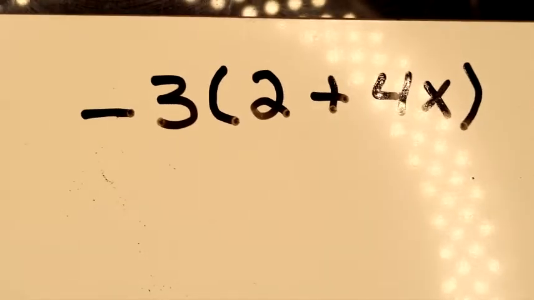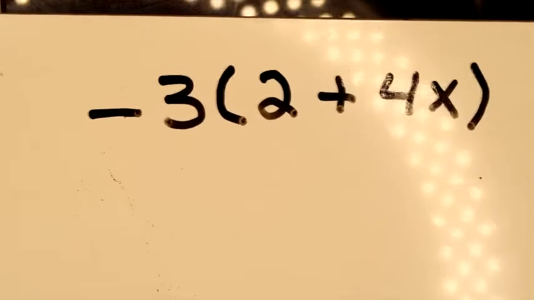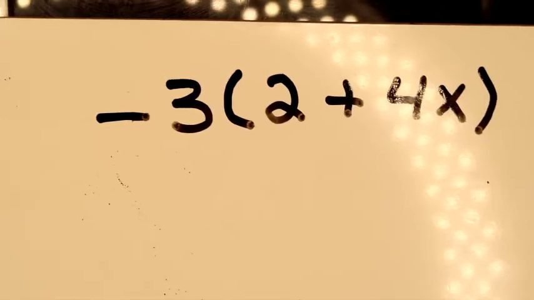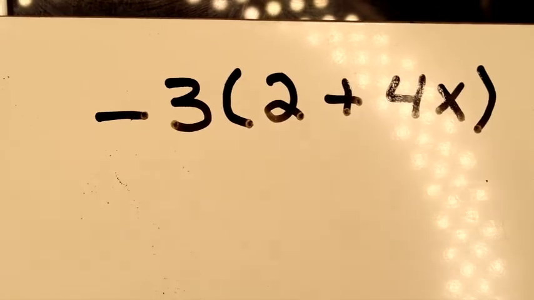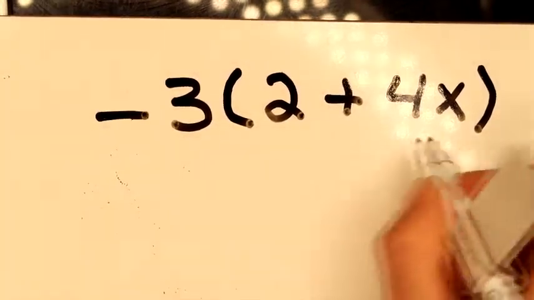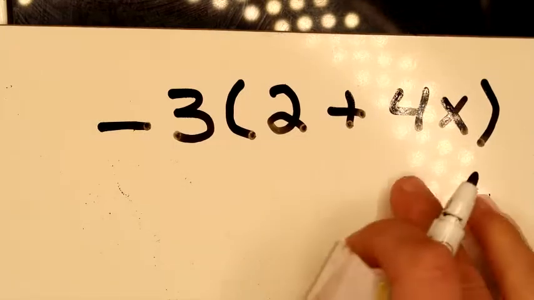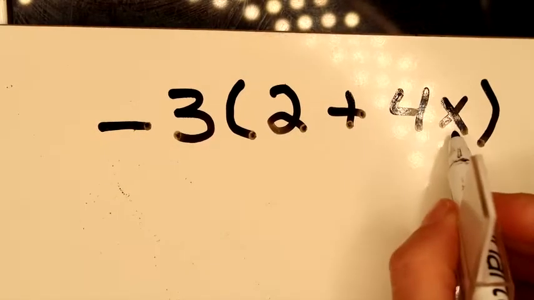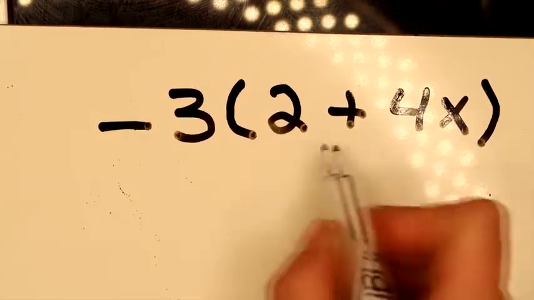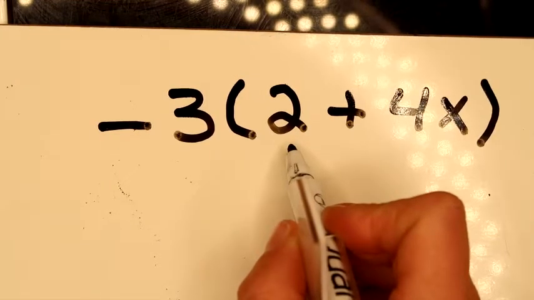Now, a lot of you are kind of confused with distributive property. So let's just do kind of a review with this one. The first thing I'm going to do is I'm going to look for any kind of similarities within the parentheses. We have a variable, x, and no variable, okay?